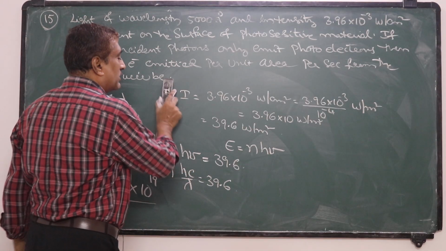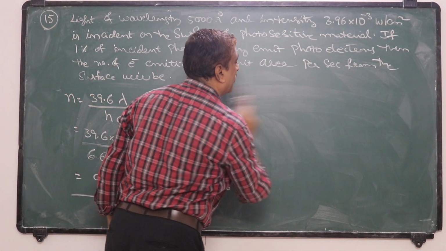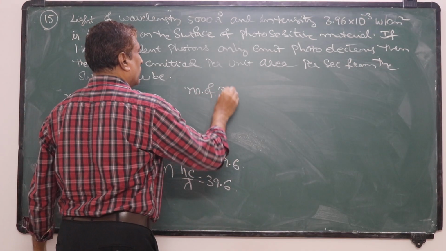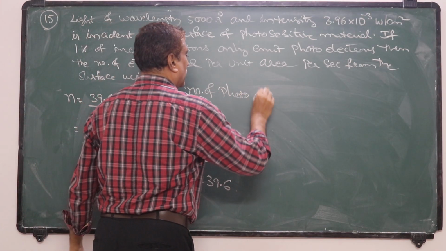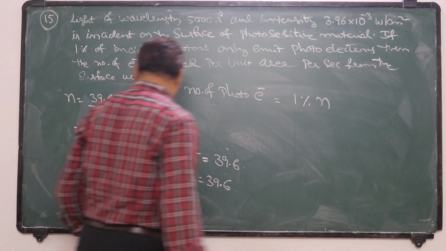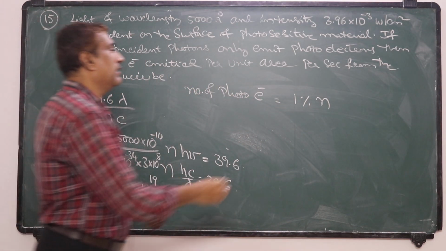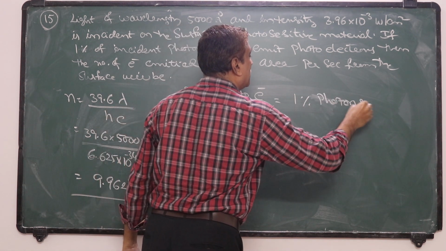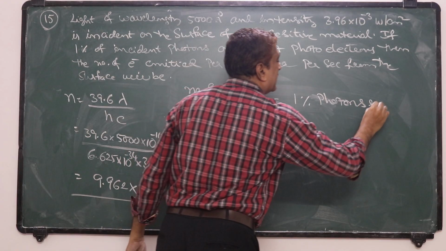That means the number of photoelectrons emitted is equal to 1% of n, that is 1% of photons incident.